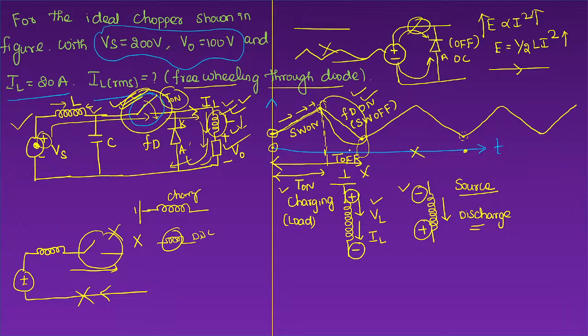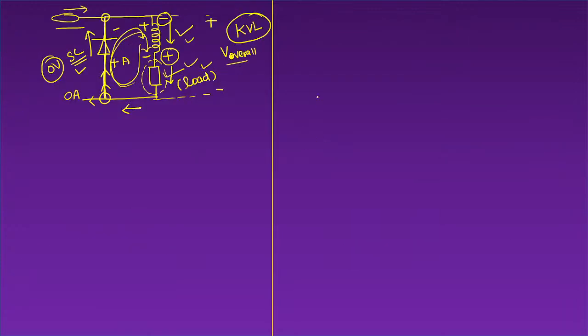Now how will you explore this current? Let me tell you. We understood that first it is charging through the switch, then it is discharging through the freewheeling diode. So the conduction period of the freewheeling diode is nothing but the off time period of the thyristor. Yes or no? When the thyristor is blocking, the output current starts freewheeling through the freewheeling diode.